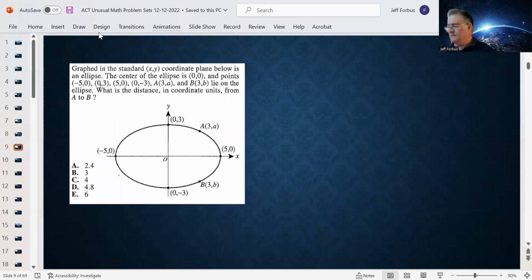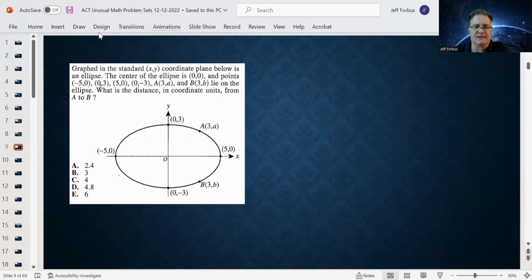Okay, so we come to this one. This one's pretty interesting. They want you, well, let's just read the question. It says graphed in the standard coordinate plane below is an ellipse.